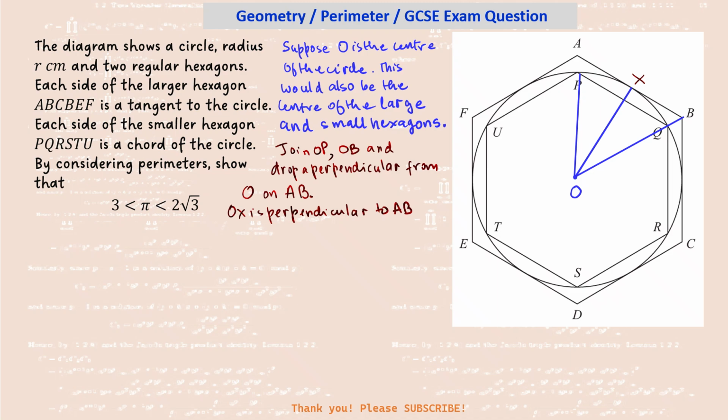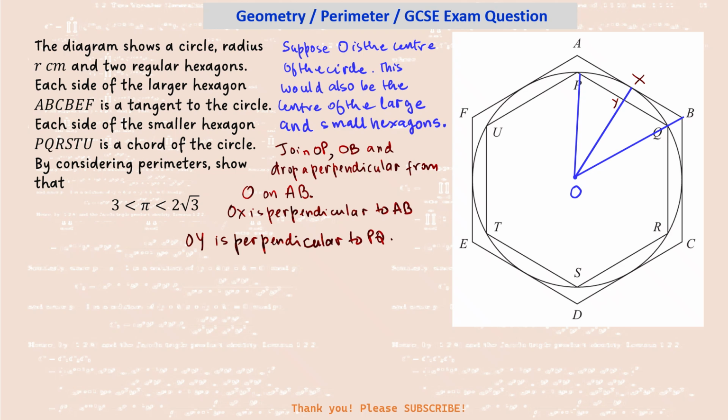OX is the perpendicular, so I name that point X. So OX is perpendicular to AB, and it's also perpendicular to PQ, because OX is the radius, and a radius is perpendicular to the tangent AB and to the chord PQ. So that's what I wrote down.